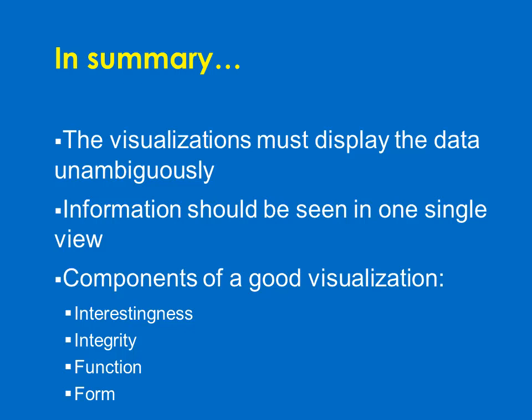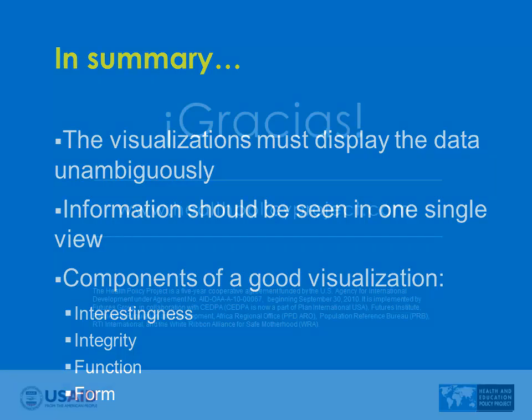And the visualization should involve four components. It must be interesting, the data displayed must have integrity, and it must have a functionality that allows users to navigate and work with the data. And it must be aesthetically pleasant to the eyes.